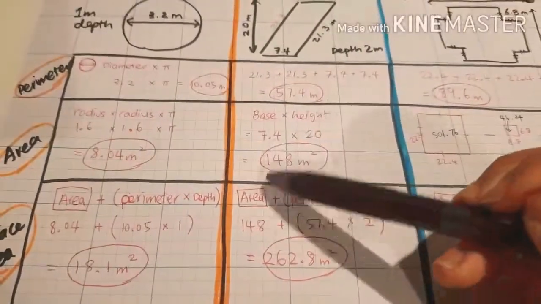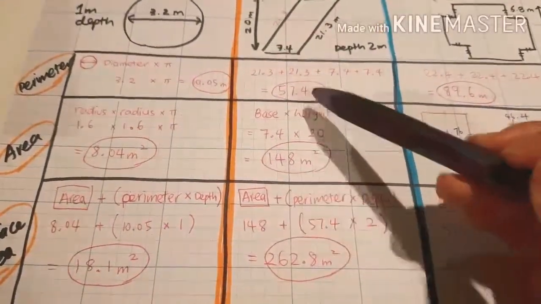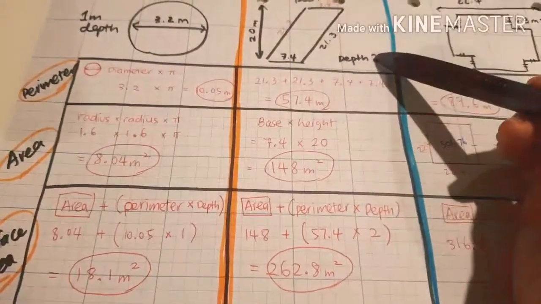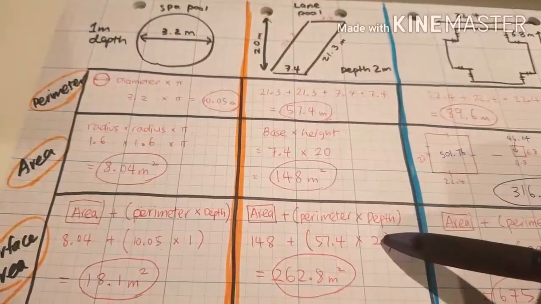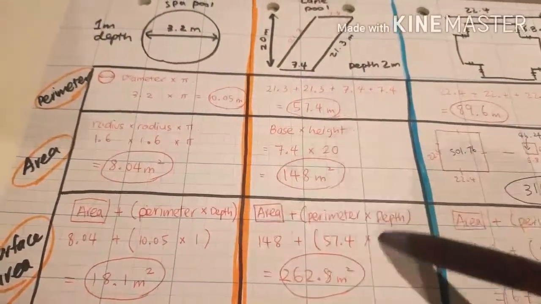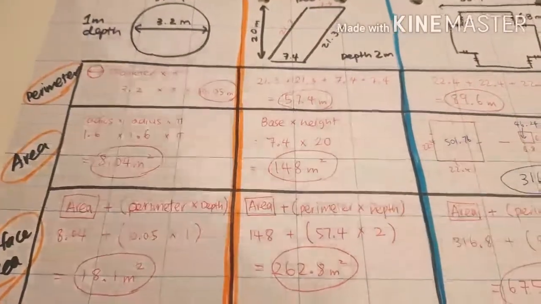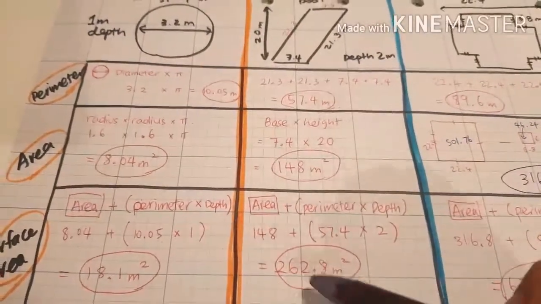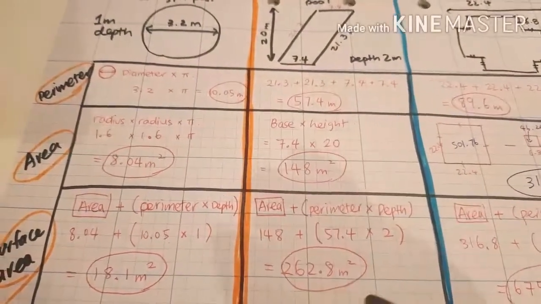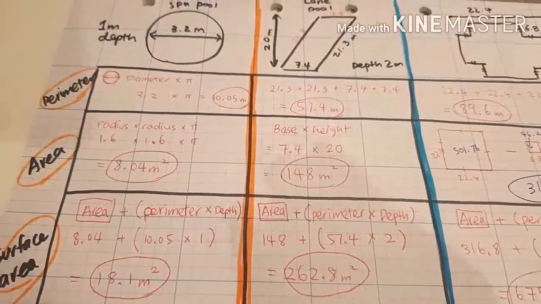Area was here, perimeter I already calculated, depth was given in the question, 2 meters. I just need to do this working in the calculator, and there you go. It's still meters squared because it's still talking about area, the surface area.